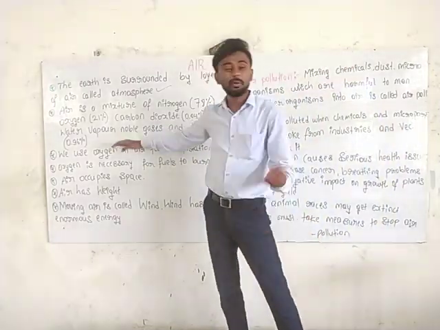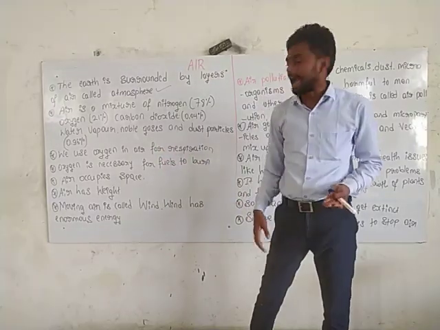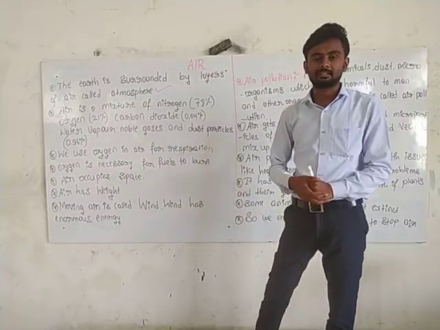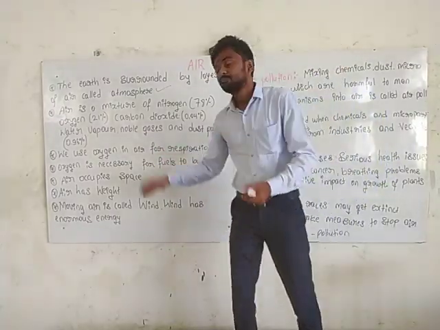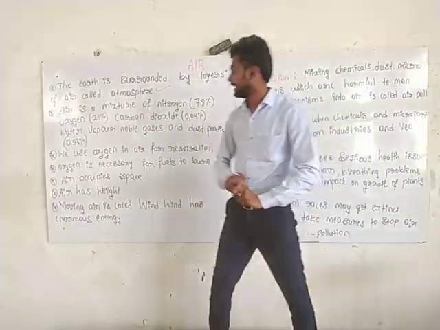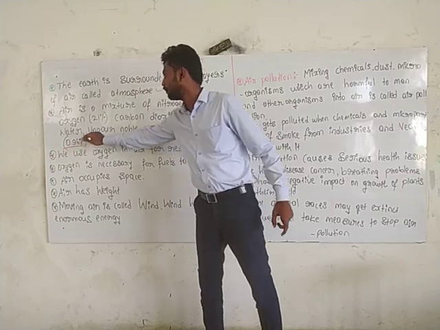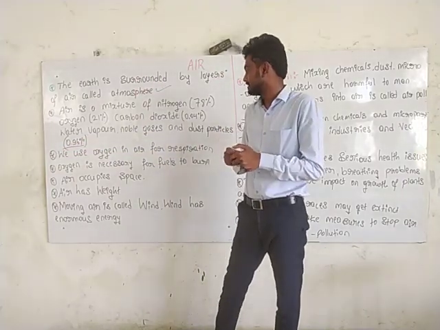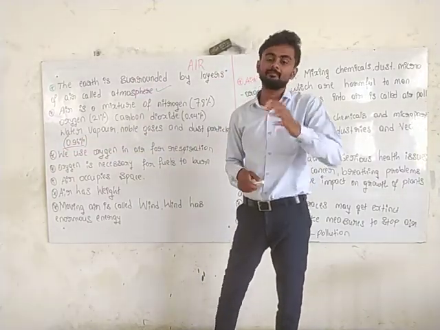Next, water vapors, noble gases and dust particles. How much? 0.96%. The 0.96% of water vapors, noble gases and dust particles are present in the air.